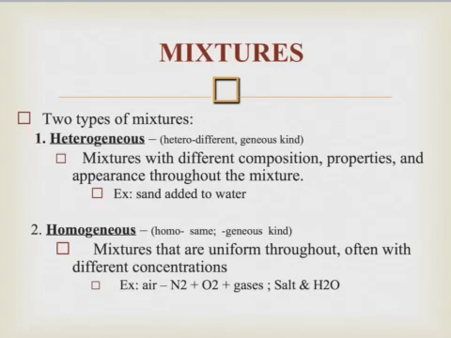And so the appearance throughout the whole mixture has somewhat different parts. That's what hetero means, different parts. I always like to say heterogeneous mixtures do not mix well. Like sand, when you add it to water, the sand just sits at the bottom of the water. It's still a mixture, but it didn't look the same throughout. It has different parts, the sand on the bottom, the water on the top.